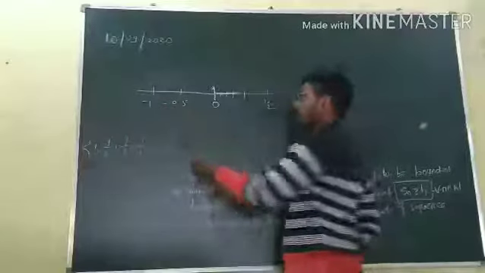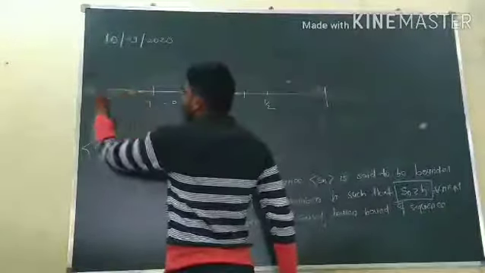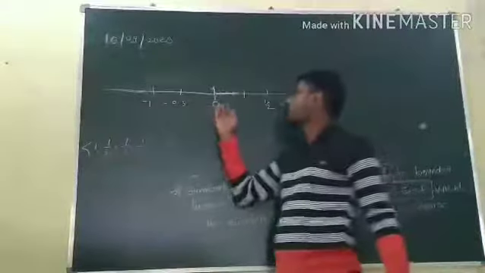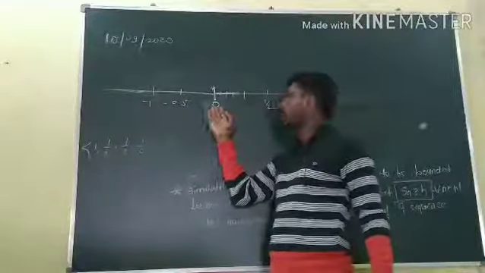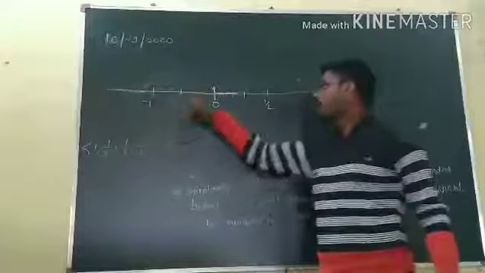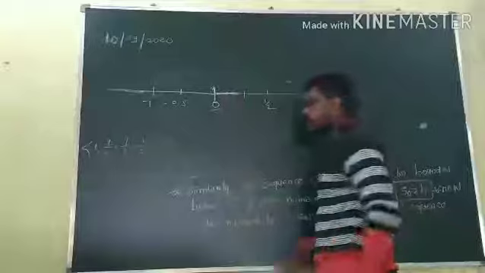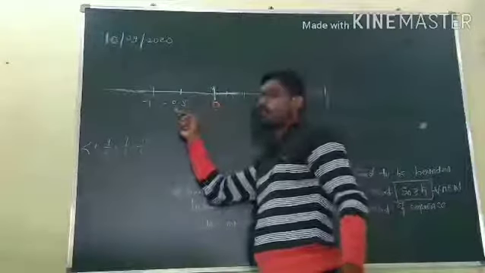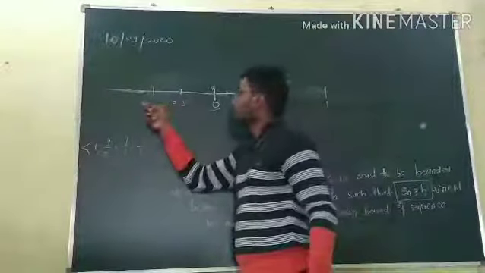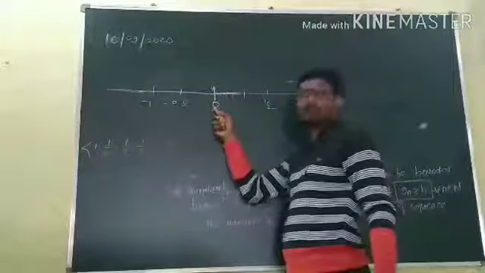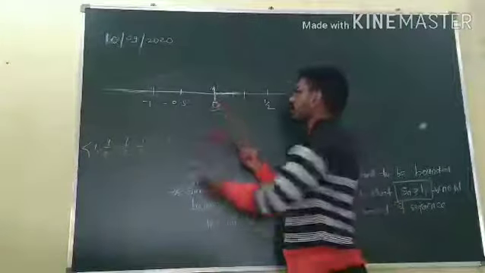Actually, every element on this negative axis is a lower bound for this sequence. Now, among all these lower bounds, 0 is the greatest. 0 is greater than minus 0.5, which is greater than minus 1. So among these numbers, 0 is the greatest, and it is a lower bound.